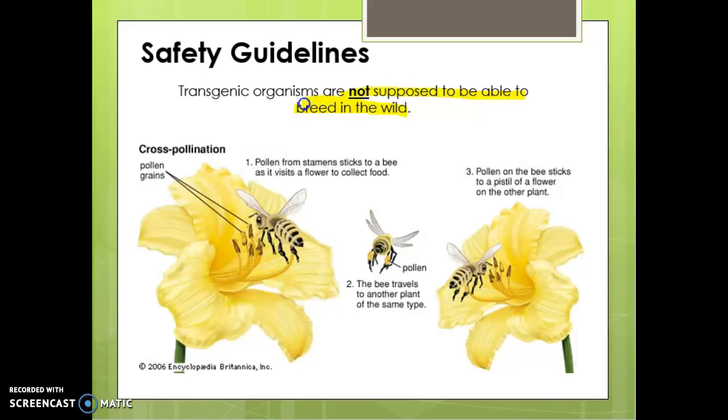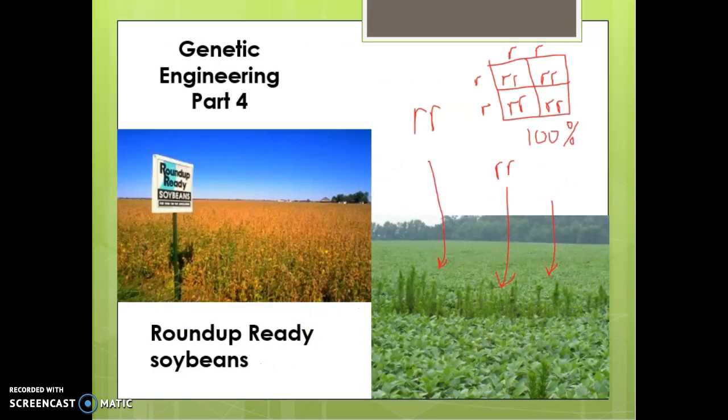The idea is, okay, if we're creating these things, they don't get beyond the laboratory, or they do not go out into the wild and reproduce with native populations and then start messing up native genetics and who knows what they're doing to the species. So, soybeans, they shouldn't be able to reproduce with anything else.